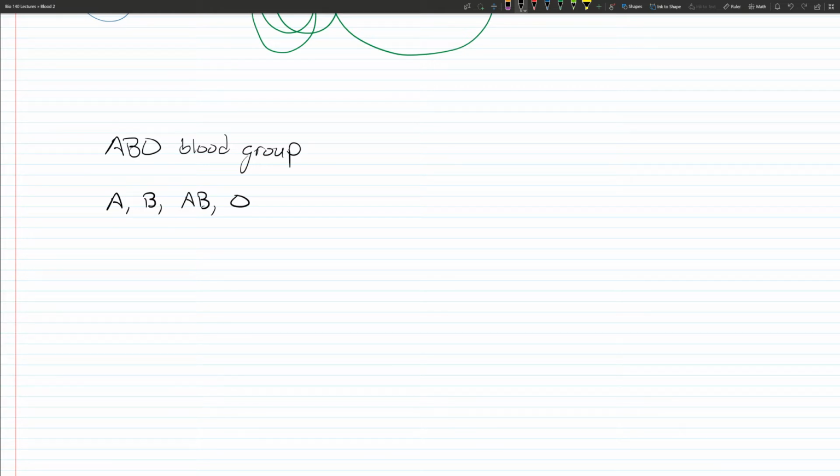Okay. So now, what determines what blood type you have? Basically, if we have a red blood cell right here, on this red blood cell there is a marker. I'm going to draw it like a little, it's got this. And let's say it has an A on it. Okay. And this A is called a surface antigen.